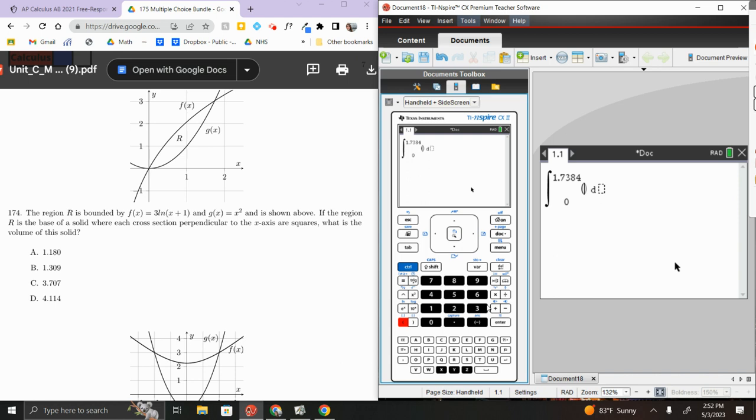The area of a square is side squared, so I'm going to square top minus bottom. So it'll be 3 natural log of x plus 1 minus x squared. Then all of that squared, because they told us it was a square. And you should get 1.180.